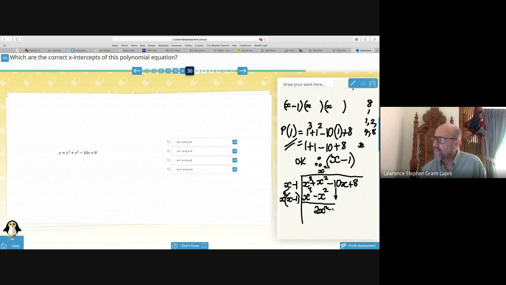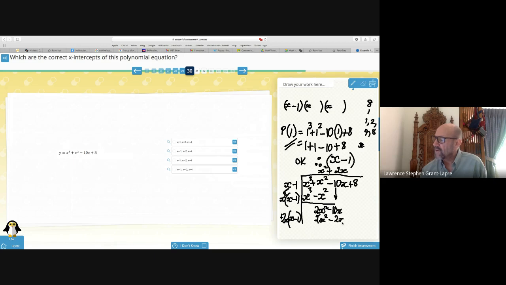Bring that down to be minus 10x. Now, x times what gives negative 2x? That's minus 2x, would give us minus or positive? Positive, because x times 2x would give us 2x squared minus 2x.